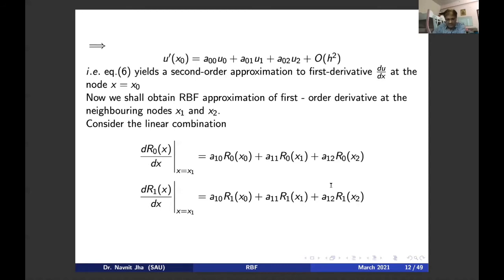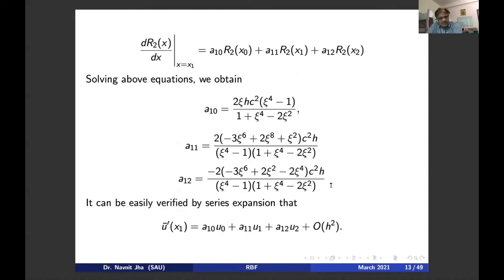The third equation is dr2 by dx at the point x equal to x1 equals a10 r2 at x naught plus a11 r2 at x1 plus a12 r2 at x2. Now I have another three equations with three unknowns. I am not going to show you whether the matrix is invertible or not. In fact, you can check it yourself. But finally, I have got the values. These are the values.